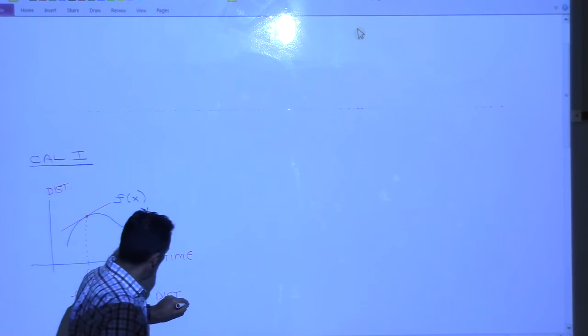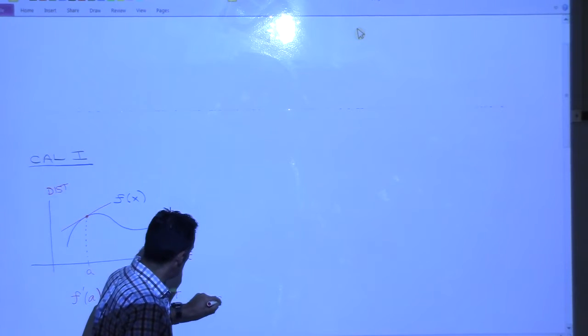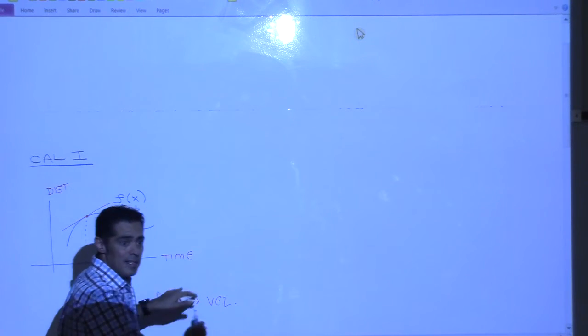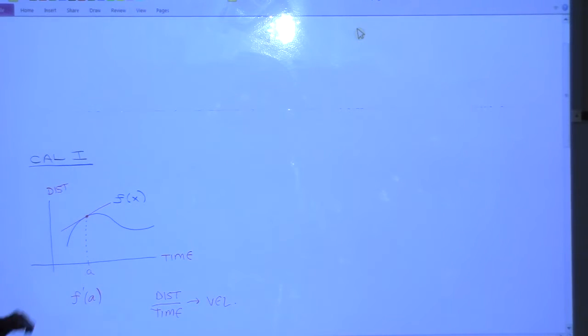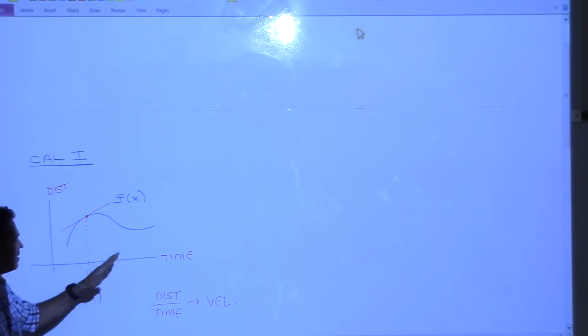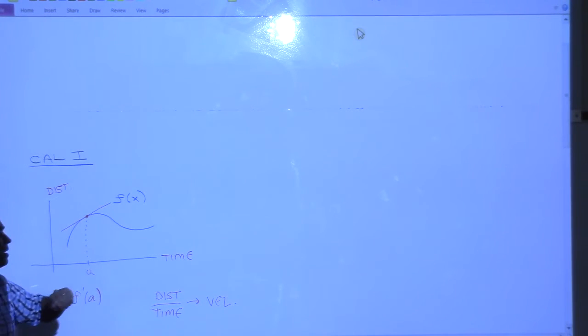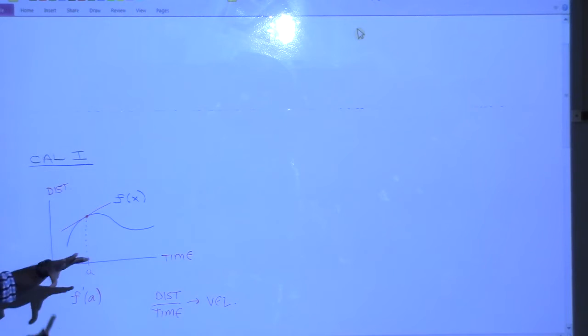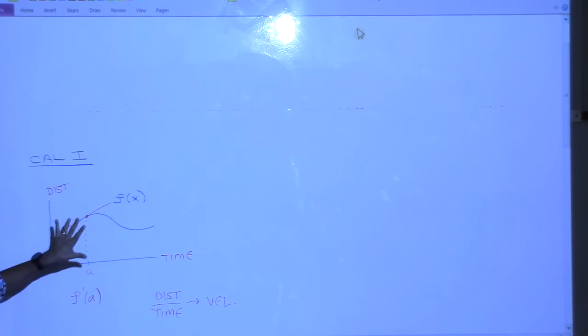So we were able to get the velocity at an instant in time. We could say how fast something was going at that instant. And that could be time versus distance, or time versus pressure. It doesn't matter, but that was the main geometric result.